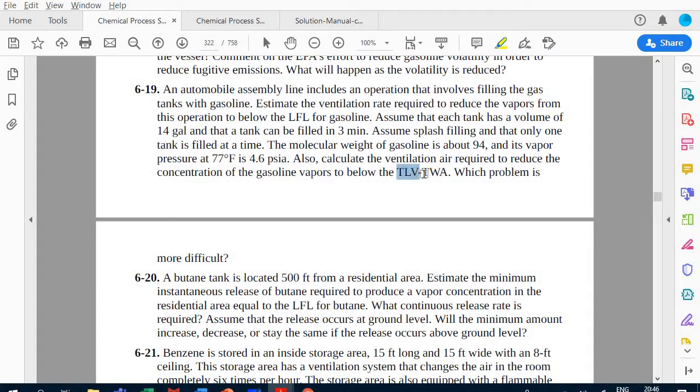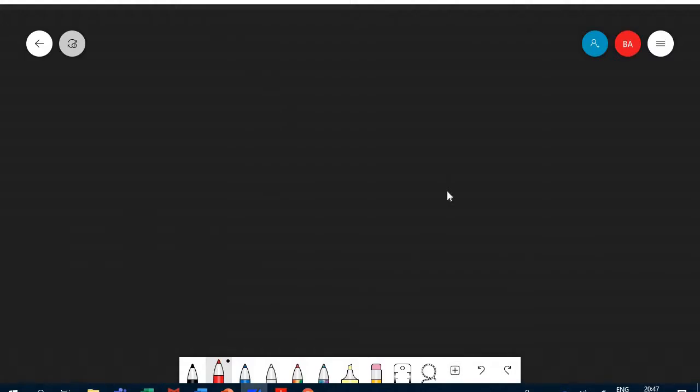We can calculate the QV for the threshold limit value, and we can calculate the QV needed to be below the LFL, the lower flammability limit. So there are two things here that we can calculate for the QV.